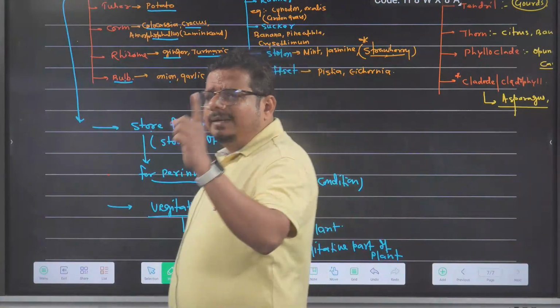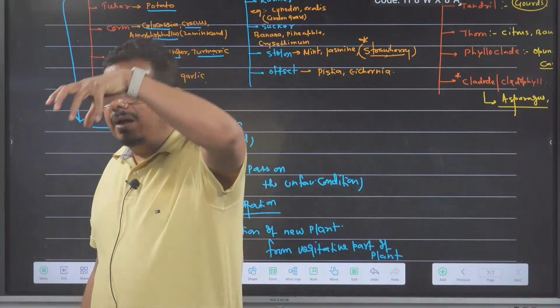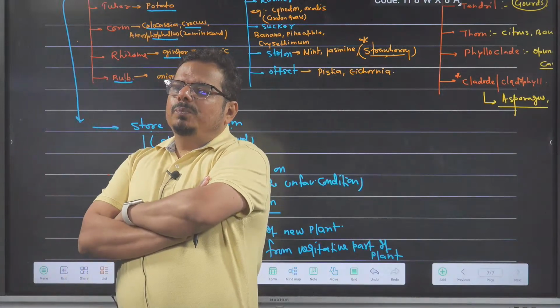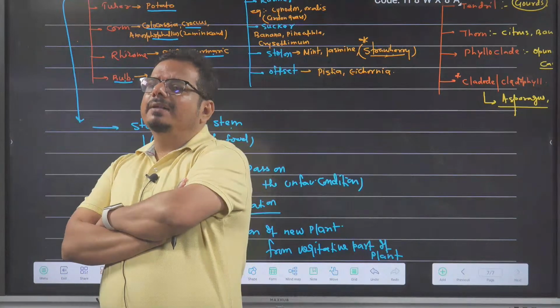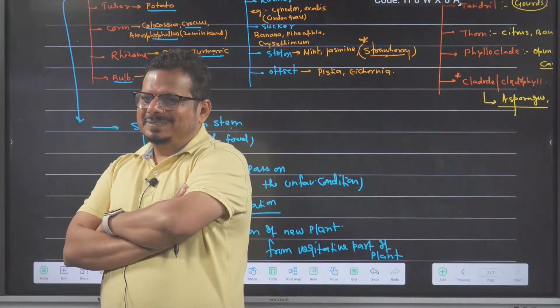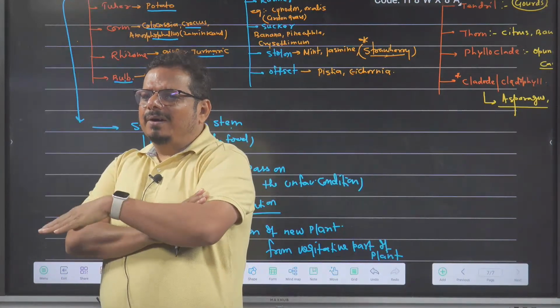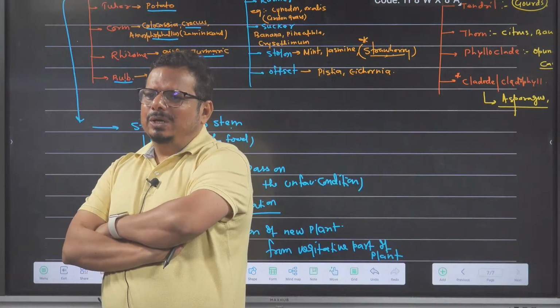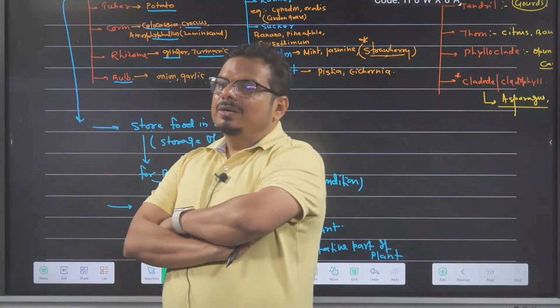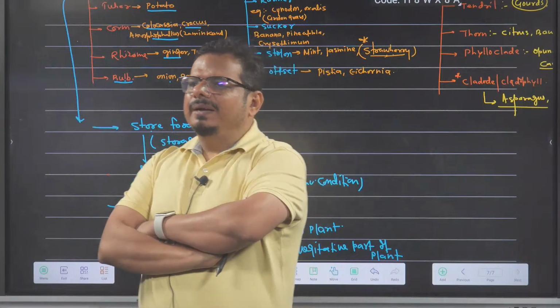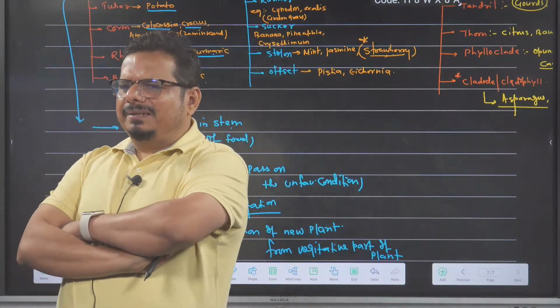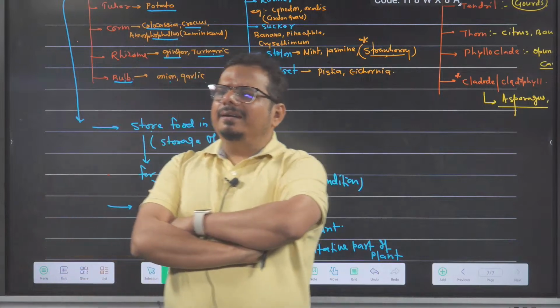One of the reasons behind the underground growth of the stem is to protect the plant from harsh environment. When you are above the ground, a lot of seasonal variation occurs. Cold, winter, too much dry condition, dehydration occur.